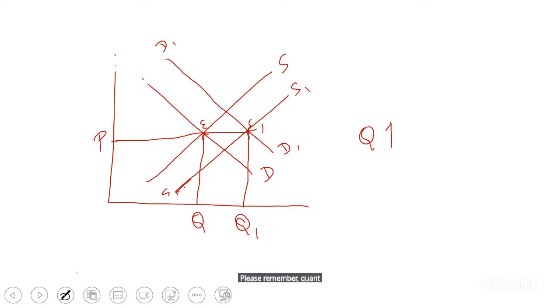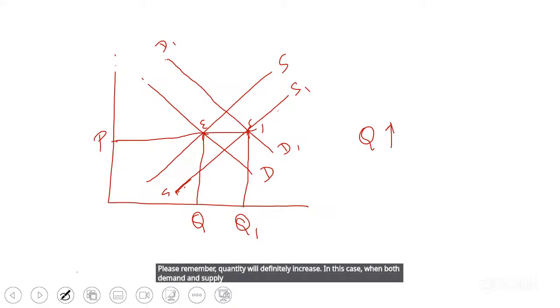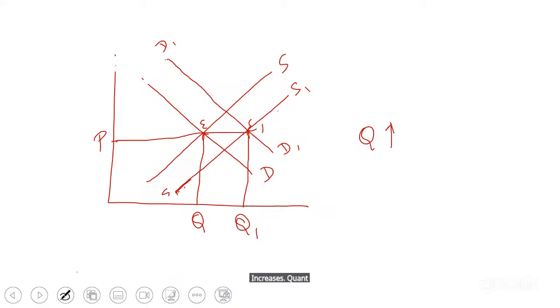quantity will definitely increase. In this case, when both demand and supply increase, quantity will definitely increase. Price may increase or decrease or may remain unchanged. Got it?